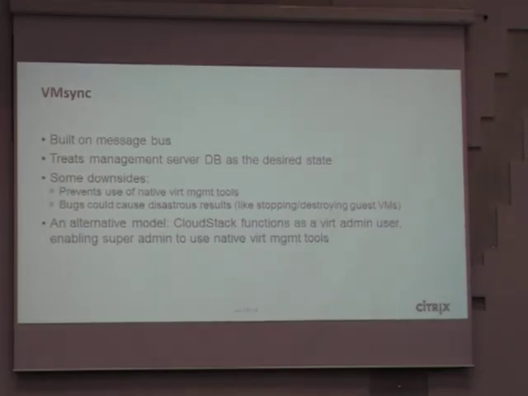Then we go out through the message bus to control the resources. But the message bus is not always reliable, and that's why these operations have to be repeatable. So CloudStack will keep trying until the actual state of the resources matches the desired state in the database.